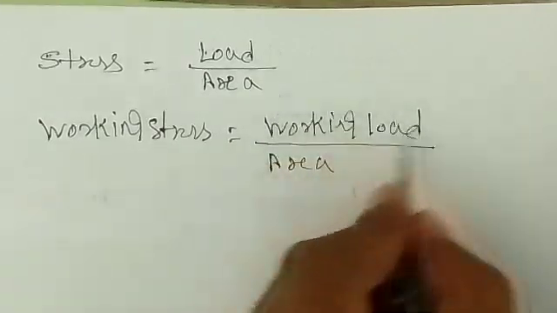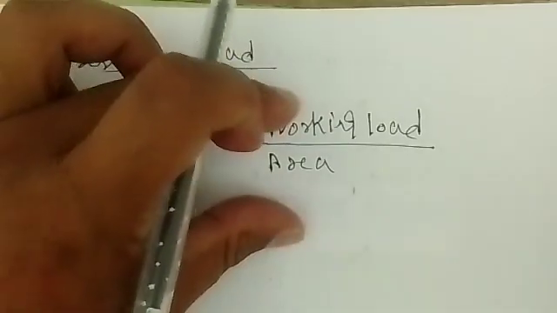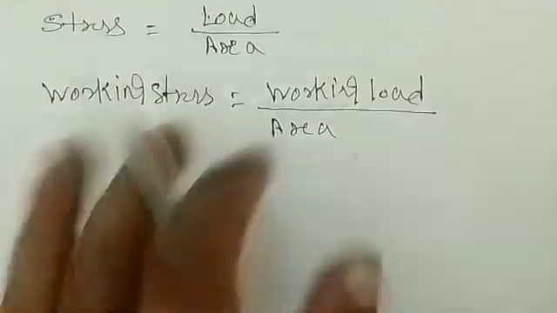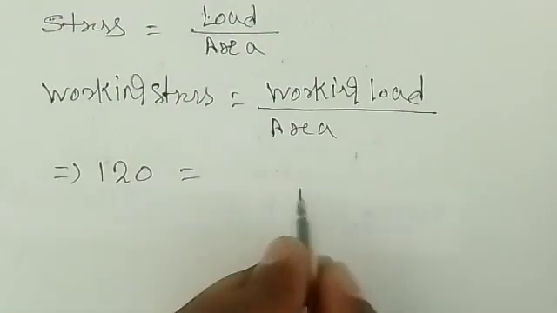The working load is given as 1.9 meganewton, and because of this 1.9 meganewton, whatever stress is induced, we call it the working stress, which we calculated. So the working stress is 120 Newton per mm square.